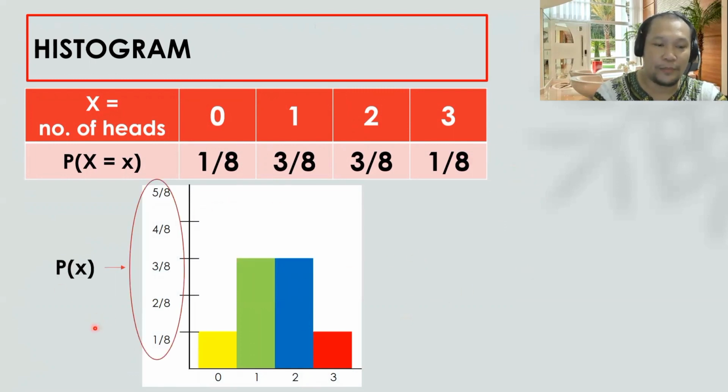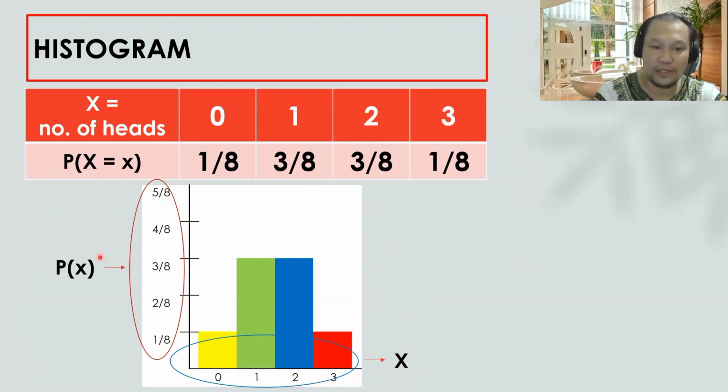Now the probabilities are written on the vertical axis. We have 5/8, 4/8, 3/8, 2/8, 1/8. And then we have the random variable written on the horizontal axis, which are 0, 1, 2, and 3.